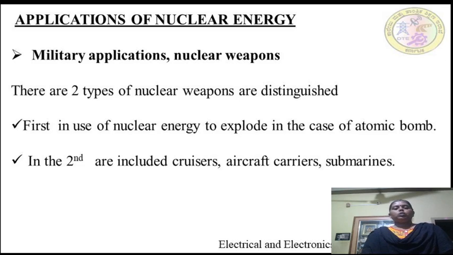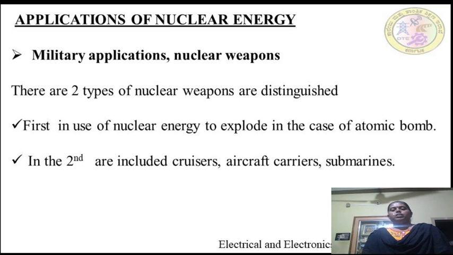There are two types of nuclear weapons that are distinguished. The first one is to explode, in the case of an atomic bomb, by using nuclear energy. The second application or utilization includes cruisers, aircraft carriers and submarines.